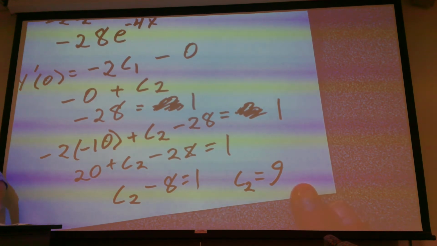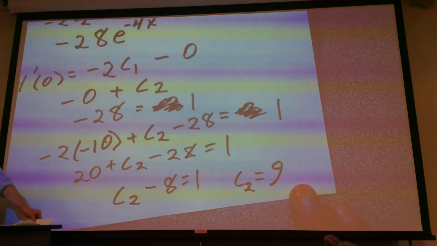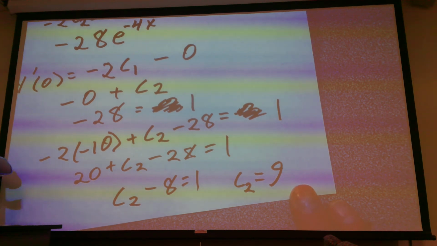I don't want to waste a whole page writing the answer down for this page. Okay, so we have our C1, we have our C2, we have our complementary and our particular solution. So we have a complete solution to this problem. So y is going to equal, okay, so C1 was negative 10.